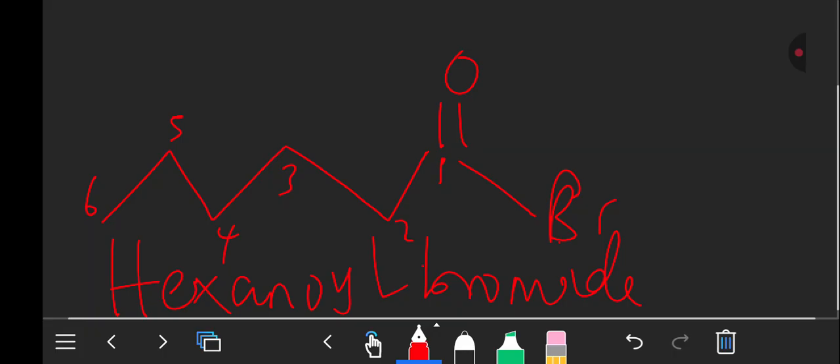Sometimes they might put a methyl group somewhere. Let's make it interesting. What if a methyl group is there and an ethyl group is there? What would be the name of this compound? So let's name it.